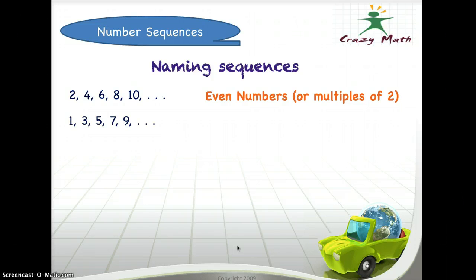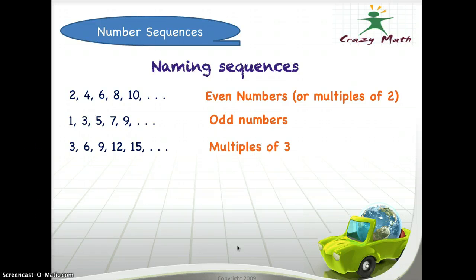Okay. Another set of numbers, 1, 3, 5, 7, 9. If we name the sequence, they are odd numbers. Okay. You also have 3, 6, 9, 12, 15. Guess what do you call this? You're correct. They are multiples of 3. Okay, let's continue.